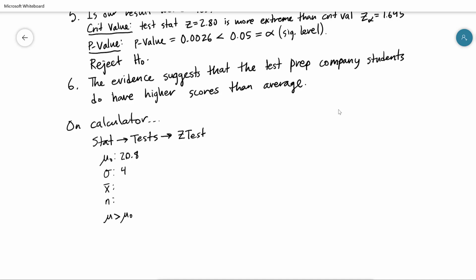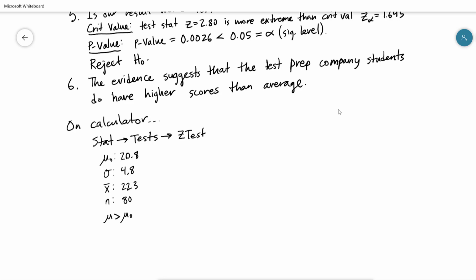Sigma was 4.8. X bar was 22.3, and n was 80. Let me enter all of those numbers in, and skip the part where it asks about the color and hit calculate. We don't want it to draw, we want it to calculate.